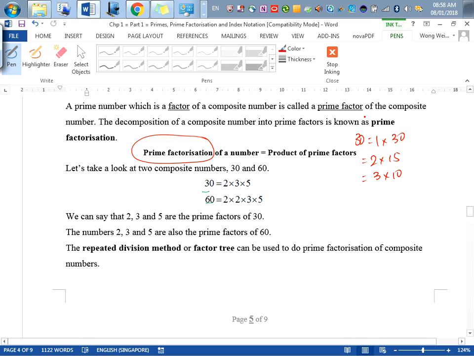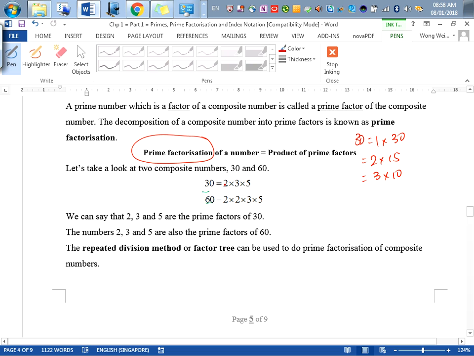So how else can I represent 30? I can also write that 30 is equal to 2 times 3 times 5, isn't it? Check with your calculator. 2 times 3 times 5. Do you get 30? We do. In fact, you can take 2 times 3 is 6, 6 times 5 is 30.